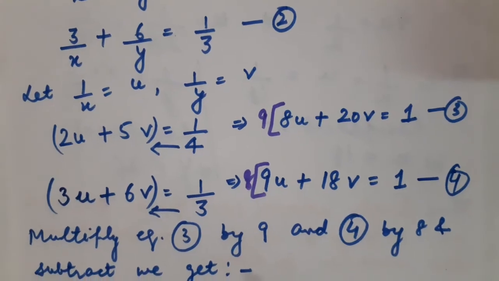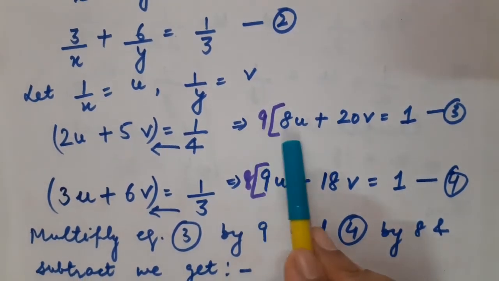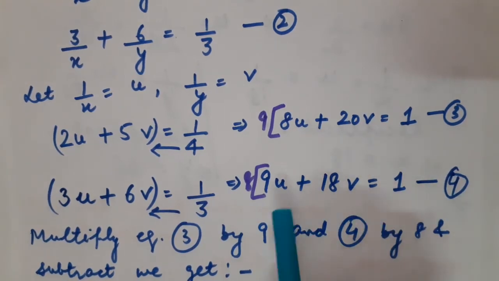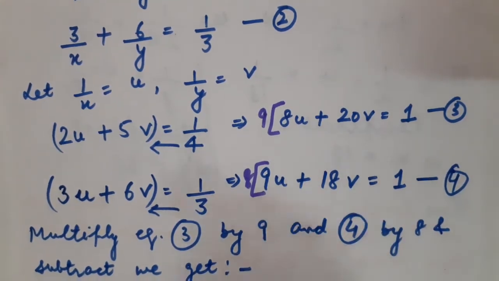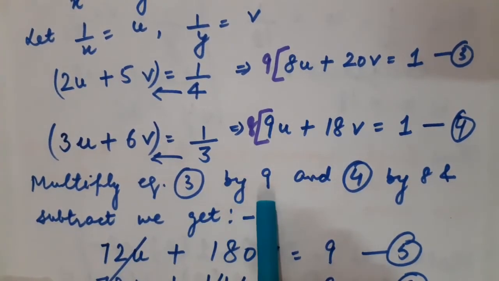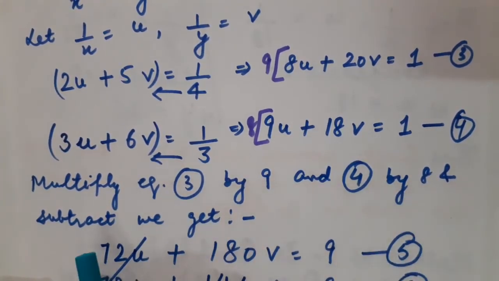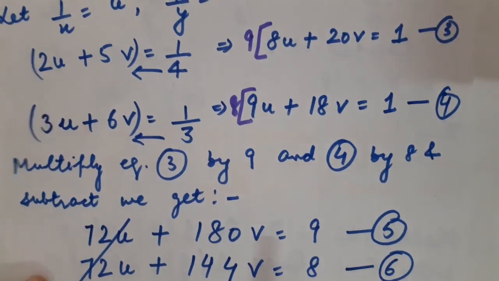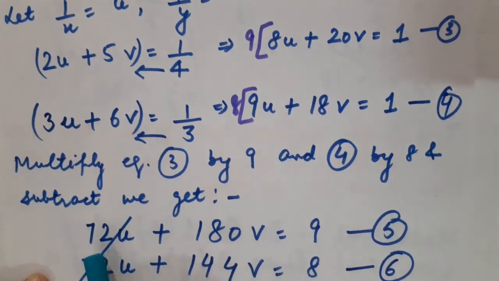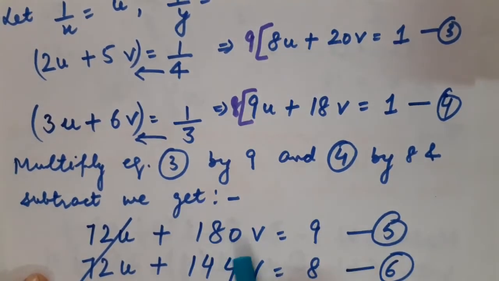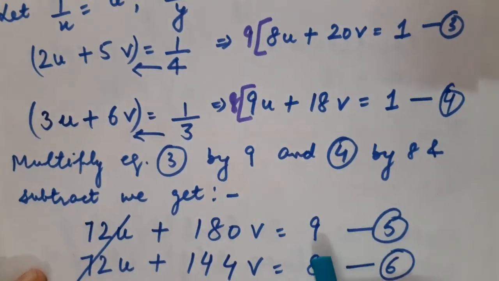Now please notice, I am going to multiply equation number 3 by 9 and equation number 4 by 8, and after that subtract them. See what we are going to get, children, please be alert. 9 8s are 72u plus 20 into 9 you will get 180v is equal to 9 1s are 9.